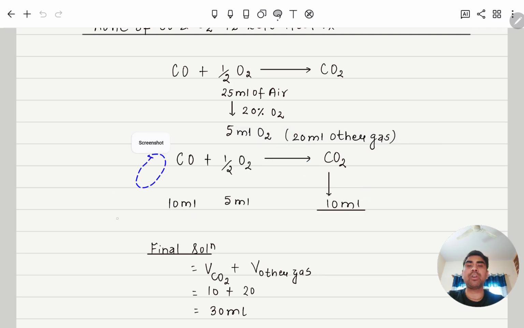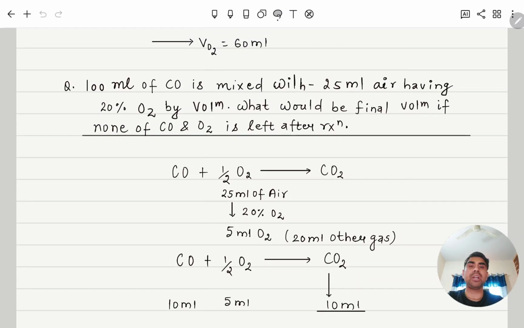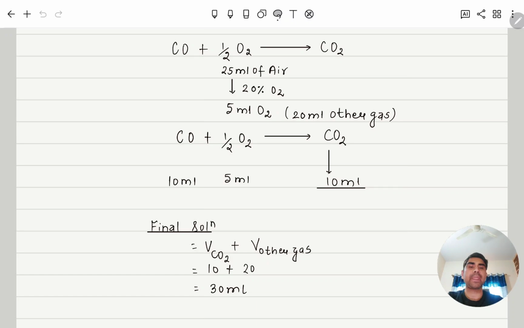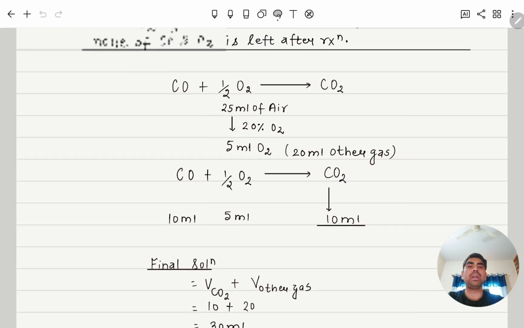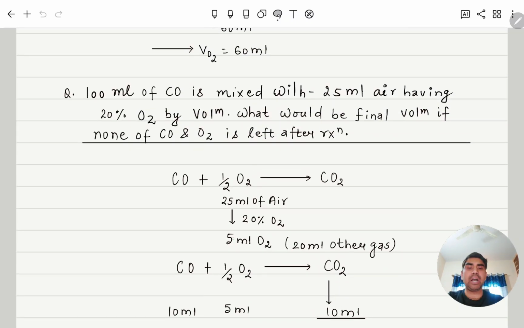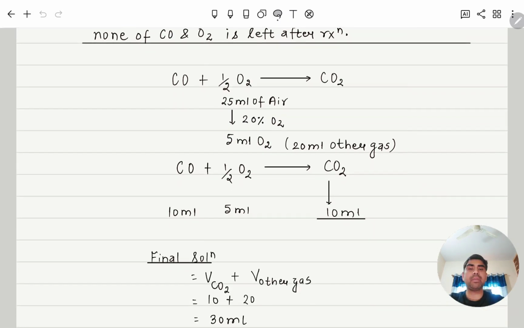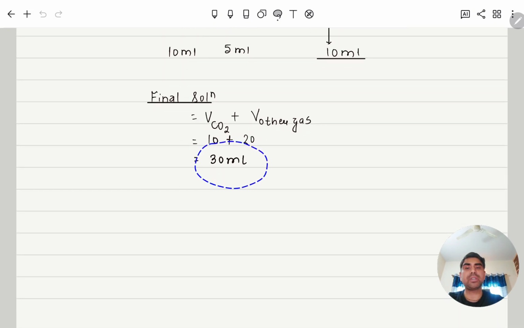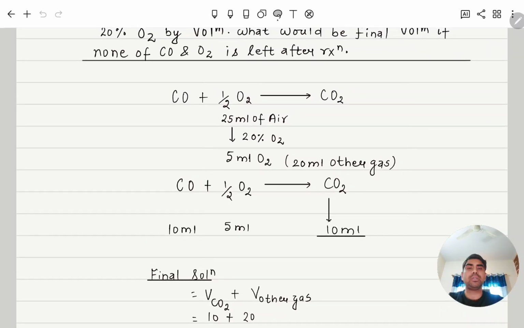Remaining is 90 ml of CO. As per the question, what would be the final volume if none of CO and O2 is remaining? So O2 is 100% completed, and CO we need to neglect. After that, how much? 10 ml of CO2, and out of the 25 ml of air, after removing 5 ml, the remaining 20 ml of other gases are there. So that 20 ml plus this 10 ml, total how much? 30 ml is there. Is that clear?